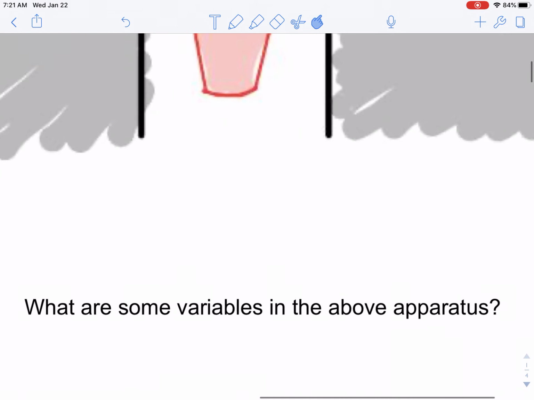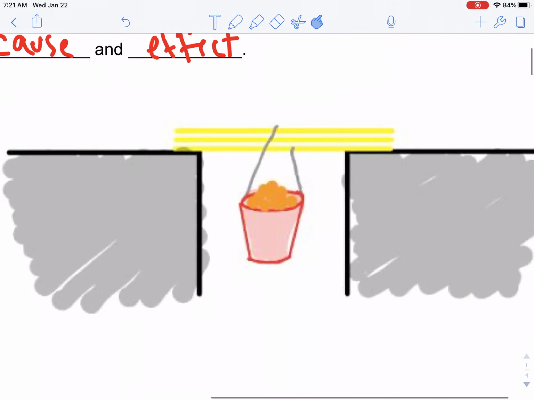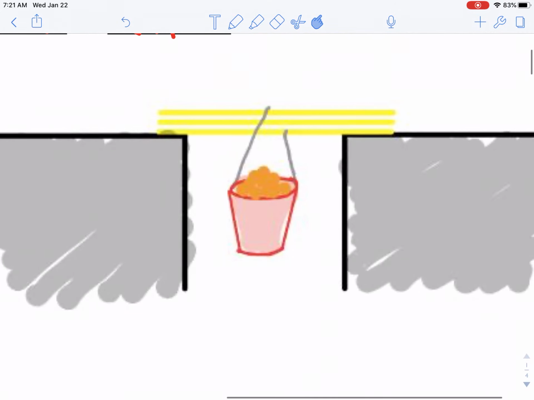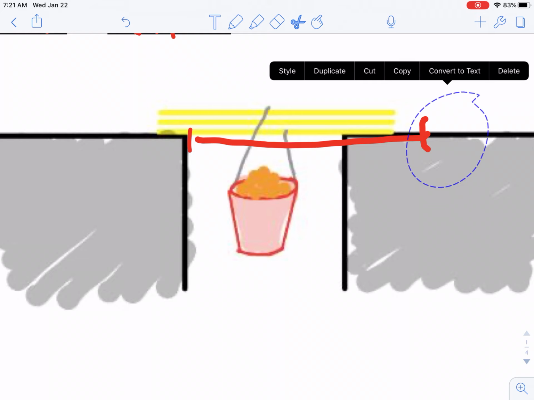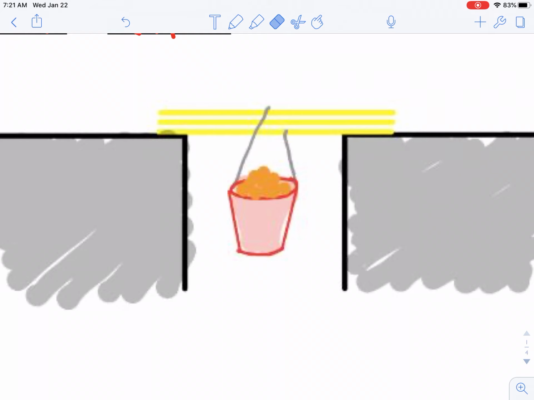All right, back up here. What are some variables in the above apparatus? What are some things that could change in this experiment? Well, you could change how big the span is, how large the gap is. You could bring these 2 desks further away and set up your noodles across a larger span.